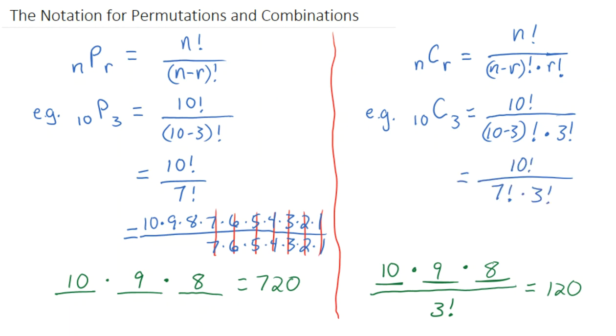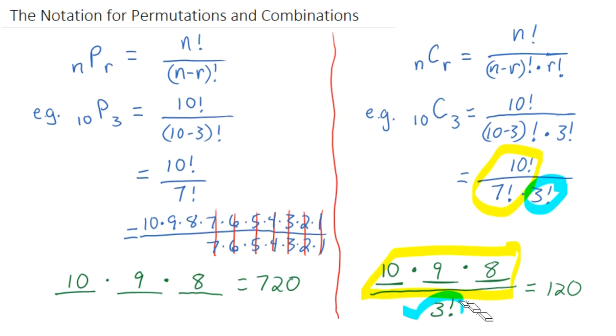That gives me 10 factorial divided by 7 factorial times 3 factorial. Now, I'm not going to expand out the 10 factorial and the 7 factorial because I've already done that under the permutations. I'm just going to tell you to imagine such a thing, in which case you're just going to be left with 10 times 9 times 8, and that just deals with the 10 factorial, 7 factorial piece. That gives you the 10 times 9 times 8, and then you have the 3 factorial piece there.